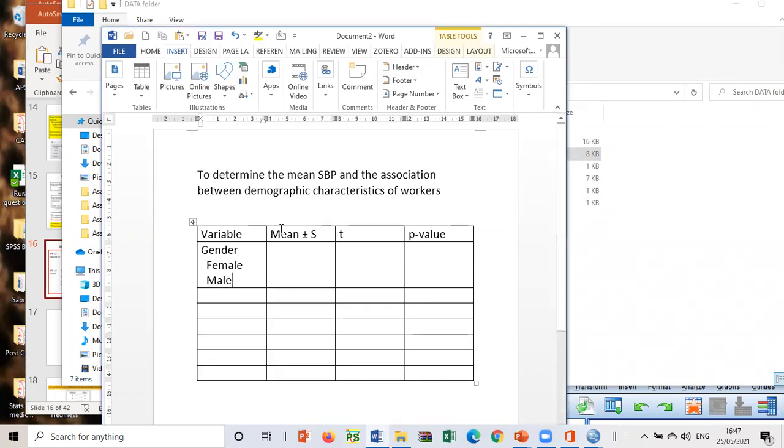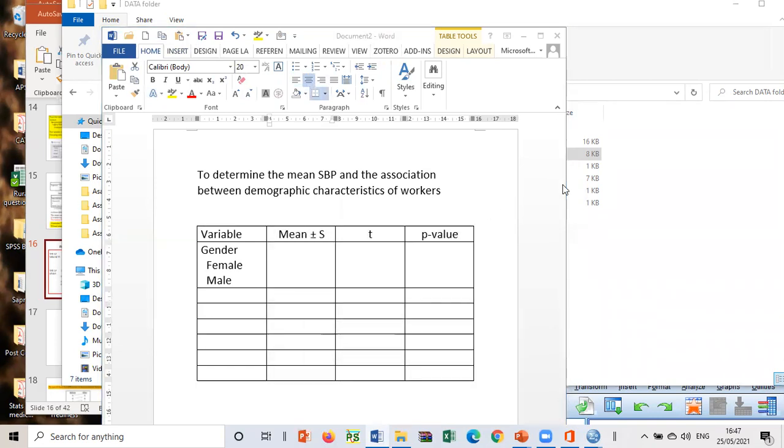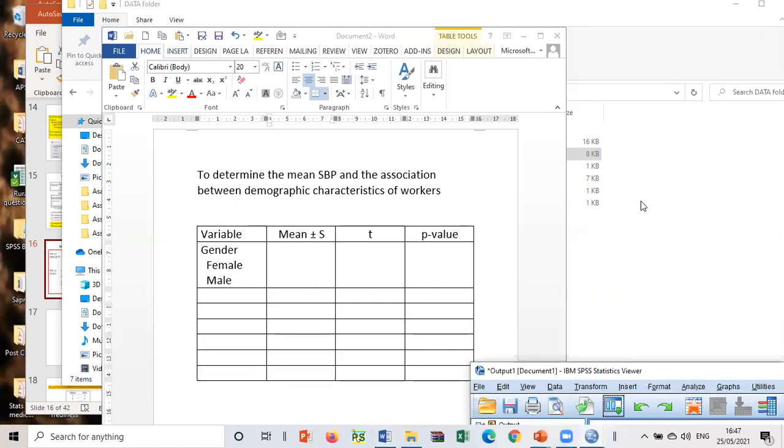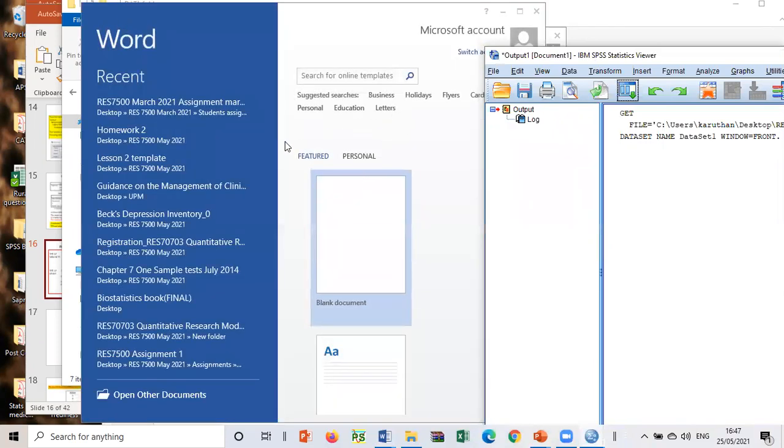Okay, let's start. As we go, fill up. So I'm going to do analysis and fill up the table values.